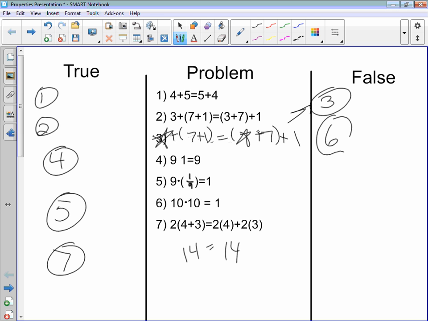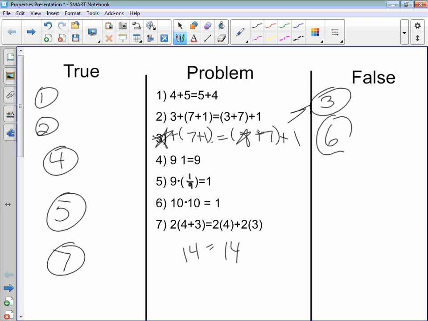Like here I had 4 plus 5 and I switched the order to get 5 plus 4 and it was the same. But did I change the order this time? Star 7 1. Star 7 1. I didn't change the order. I just changed the parentheses and that was okay.